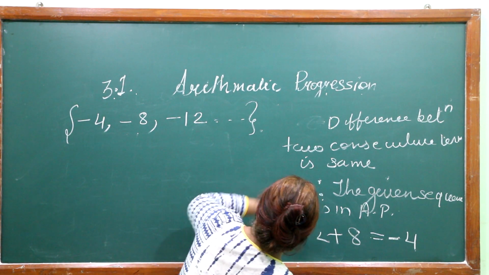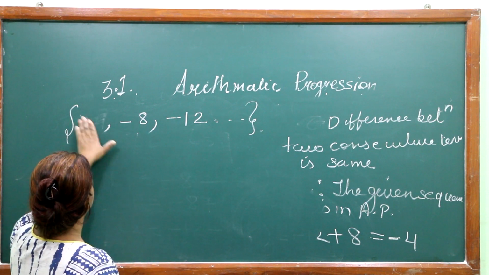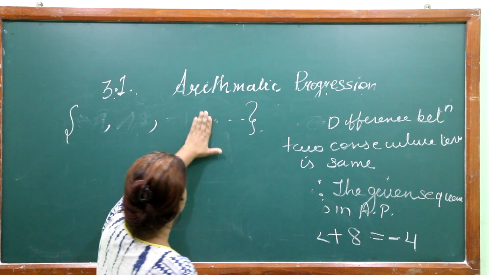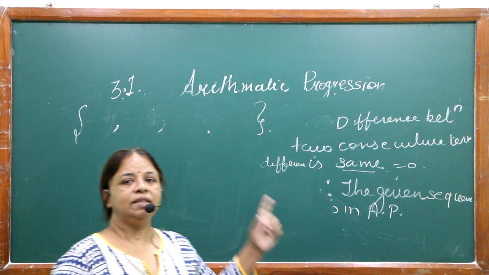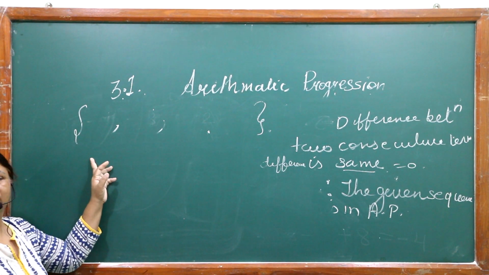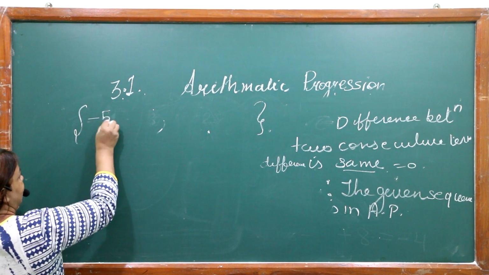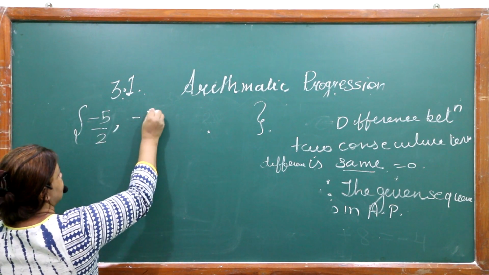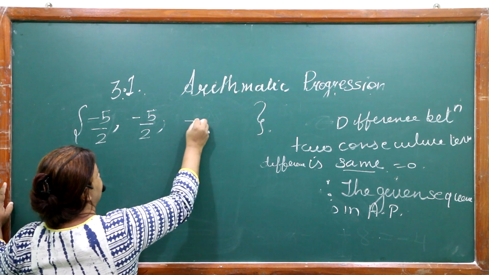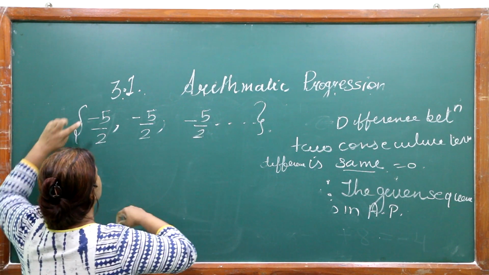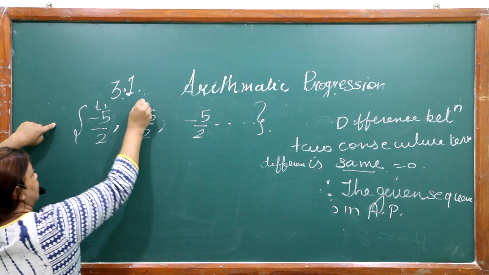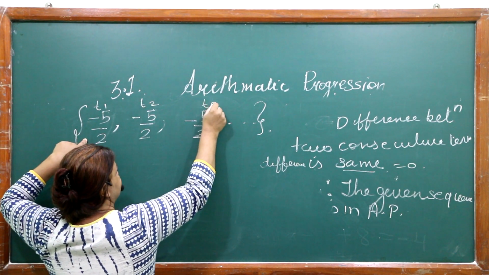Let me keep it as it is, so again and again I don't need to write. Okay. The next sum is minus 5 by 2, minus 5 by 2 and minus 5 by 2, dot dot dot. So this is term 1, term 2 and term 3.